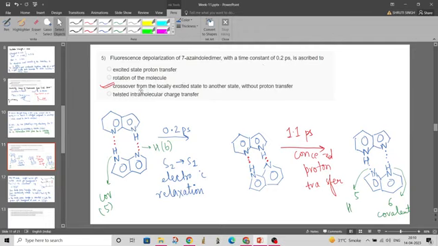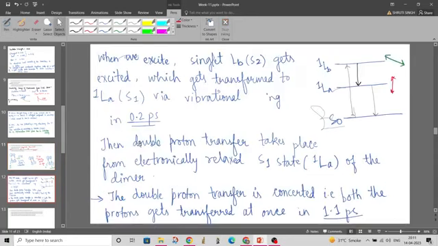In the faster time scale, it is the crossover from the locally excited state, 1LB, to another state, which is 1LA, or the S1, without the proton transfer. So this is important: this is the crossover from S2 to S1 state without the proton being transferred. So I hope the question and the answer are clear. So let's move to the next one.